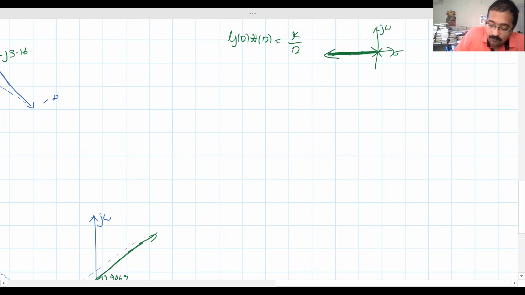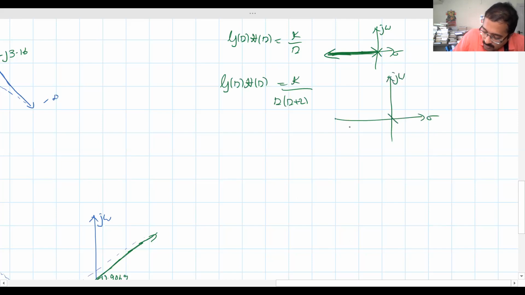Now you added one more pole: G(s)H(s) equals K by s into s plus 2. How was the root locus now? It was something like this. This was the pole at origin, and minus 2. One started from minus 2 and one started from 0, right? Then they met at a particular point called the breakaway point and split apart. So this is a breakaway point.